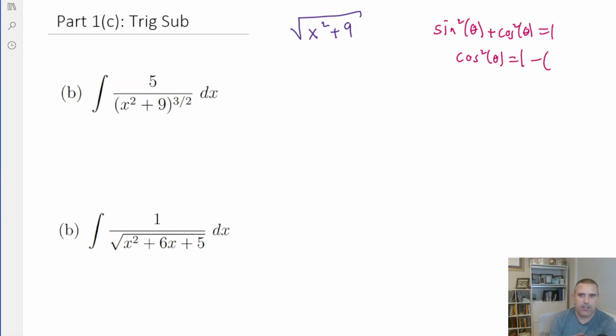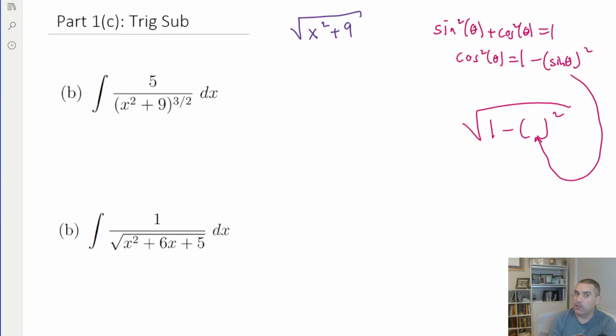What I mean by that is we have something that looks like this. So if we ever can get a situation where we have the square root of 1 minus something squared and we replace it with a sine, then we can possibly simplify it. Now there are some details about the domain and other things. I'm not talking about that here.